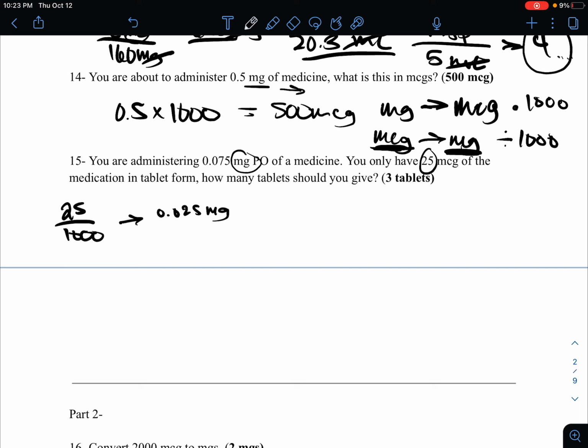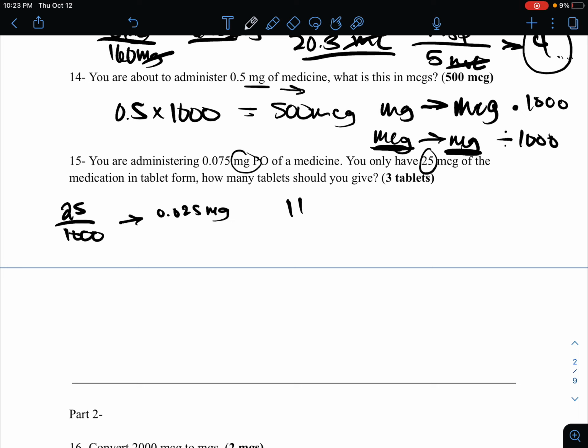And what it's asking for is tablets. Like I said, what you want goes on top, and what is available goes first in the fraction line, in the train track.